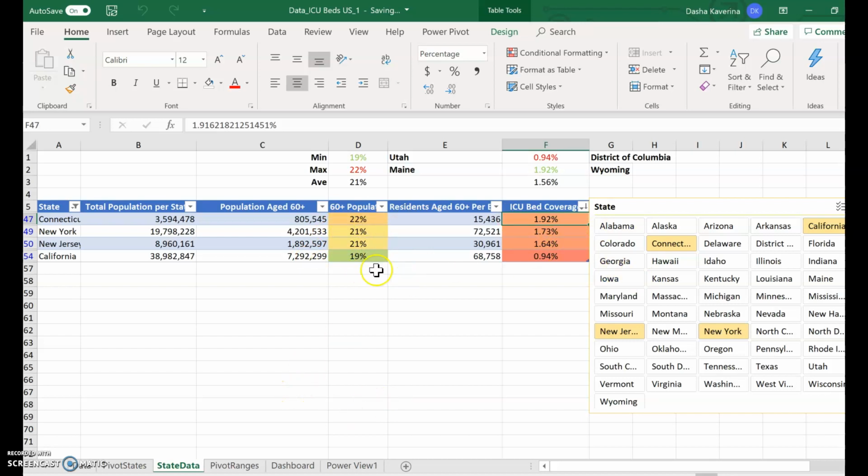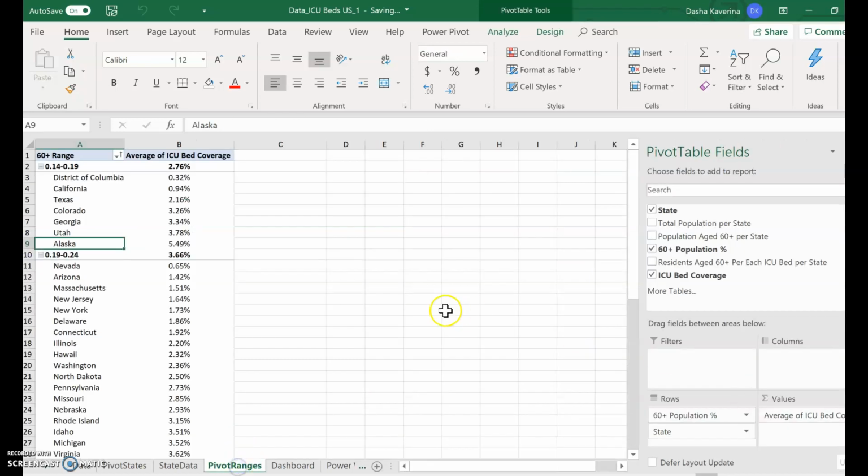Now, I wanted to categorize the states and group them by the percentage of population. So I created a new pivot table with the states, population over 60 percentage, and the ICU bed coverage.